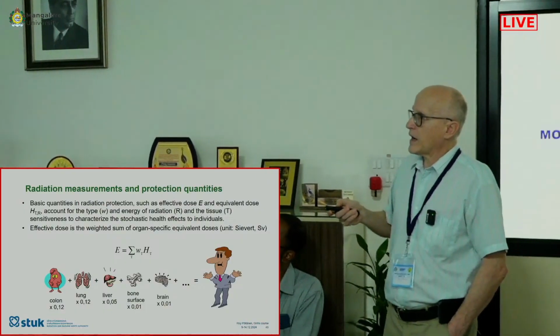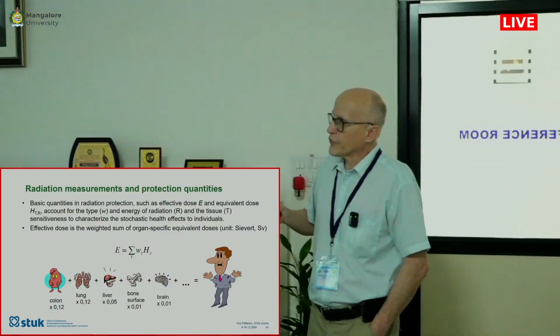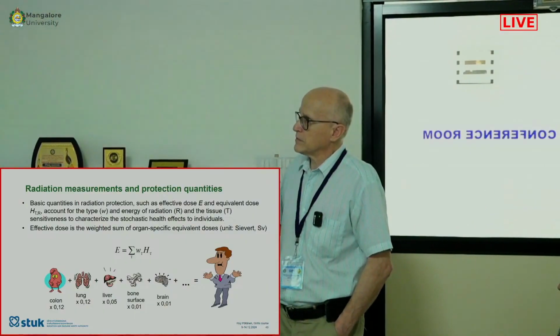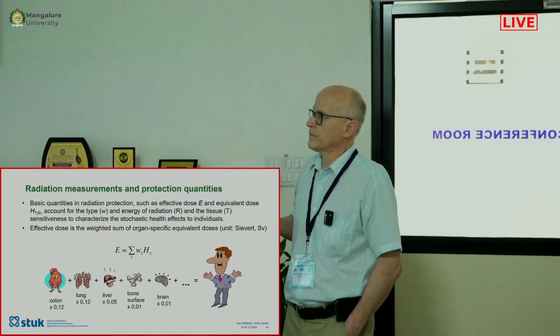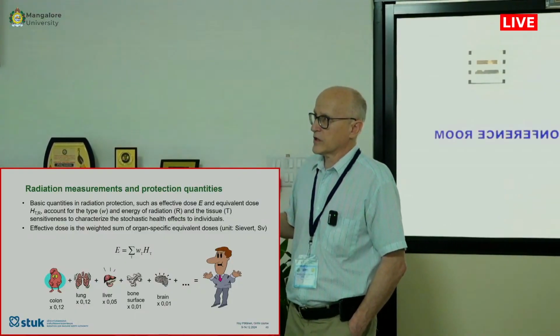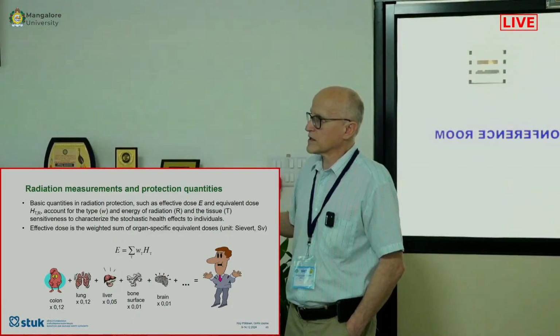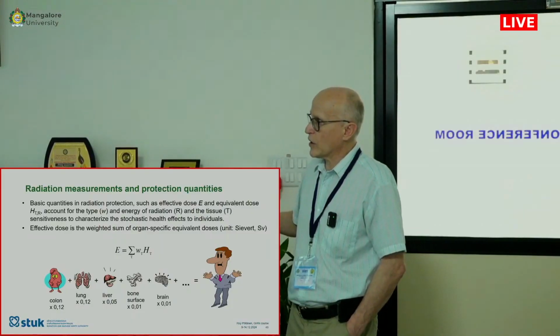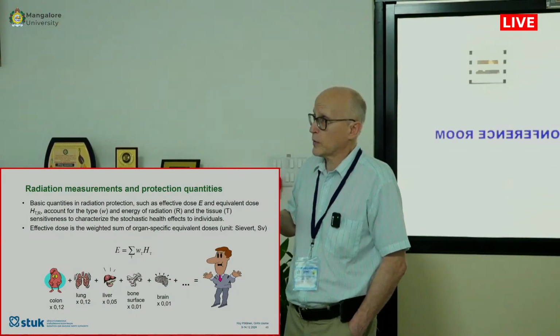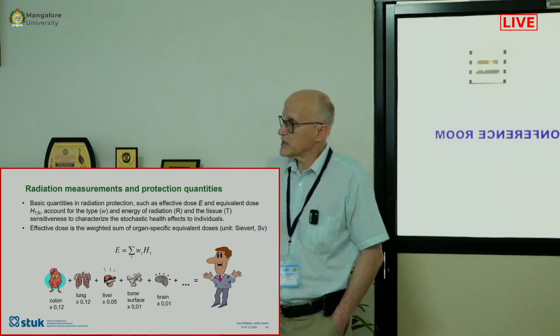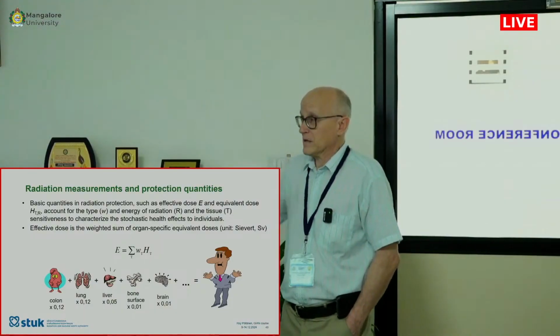And they depend on the radiation type, energy of the radiation, and type of tissue. And effective dose is the weighted sum of organ-specific equivalent doses, and the unit is sievert. It is calculated like that, very simple. But in fact, very complicated to determine, basically.